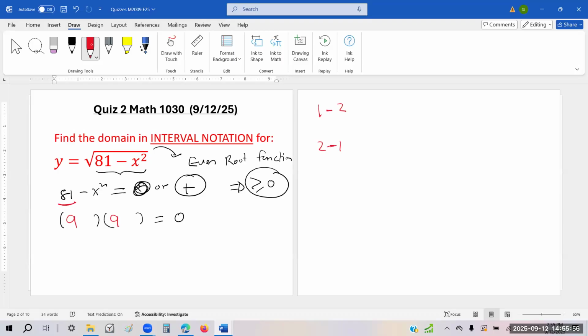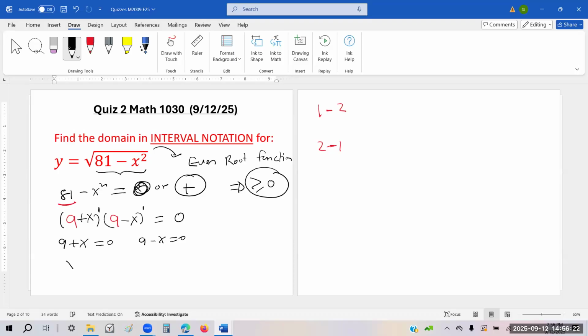So we have 9 plus x and 9 minus x. Why am I using the factors? So that you can see each factor has 1 power. That means they have odd power, so we are going to check only one interval. We didn't have to waste our time checking all the intervals. Checking one is fine. So 9 plus x equals 0, 9 minus x equals 0.